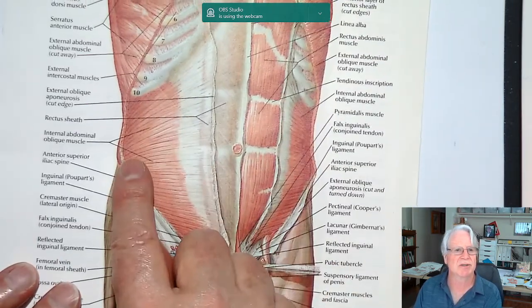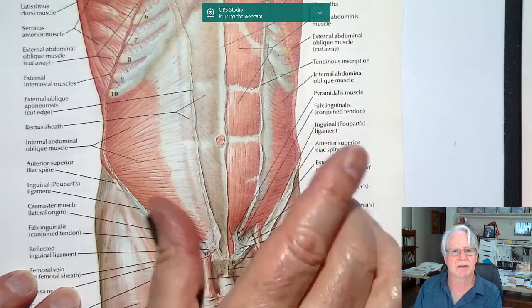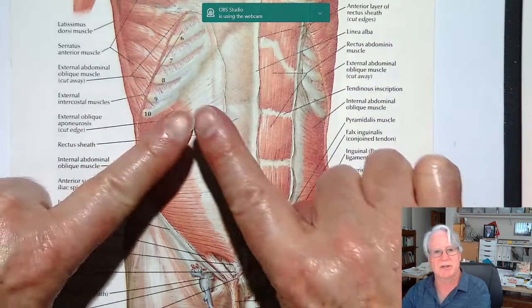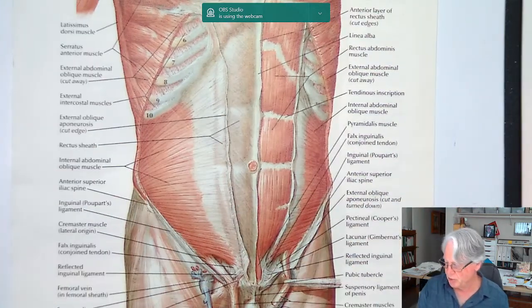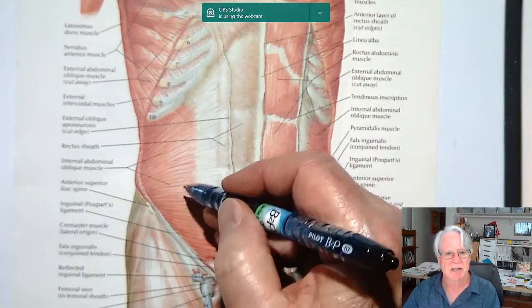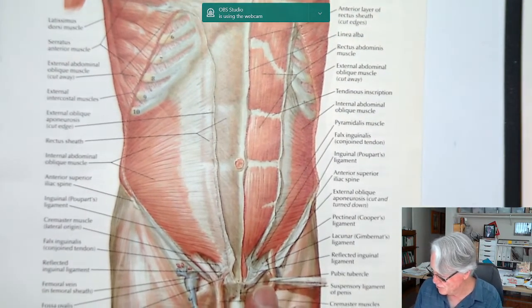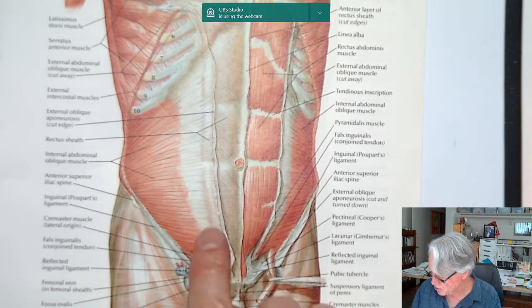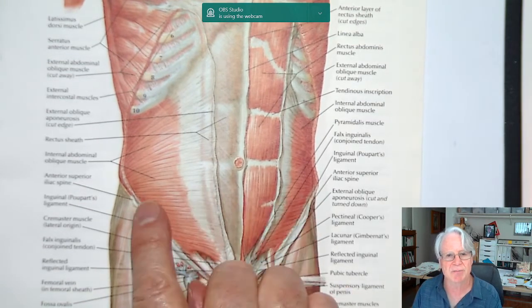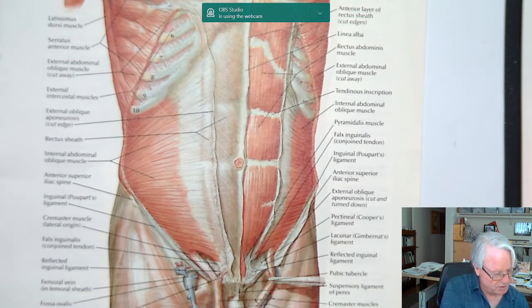So this is my internal obliques. You can see them running in that direction, so there would be a crisscross pattern. The external would be this direction, internal would be that direction. And then the transverse, which this picture is not showing, would be back and forth like a belt arrangement. I'm seeing if I have something along those lines, and I don't.